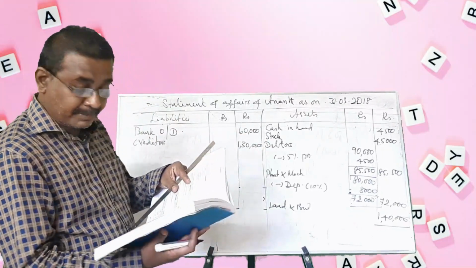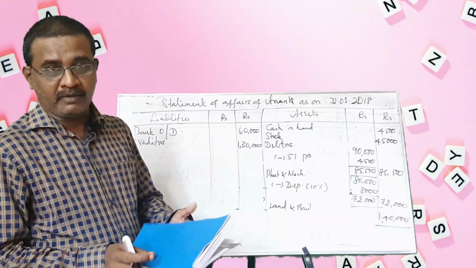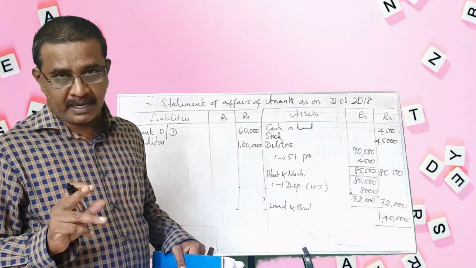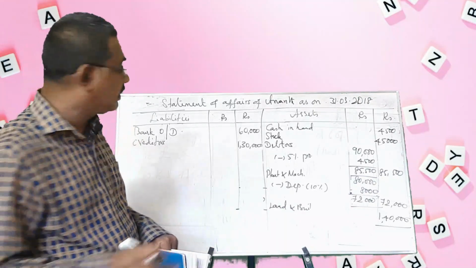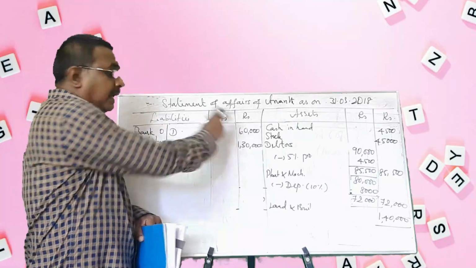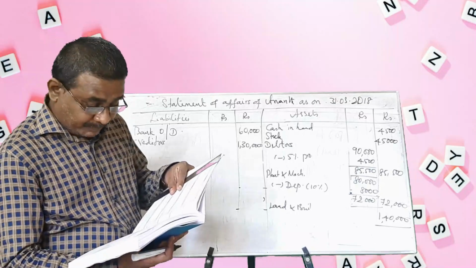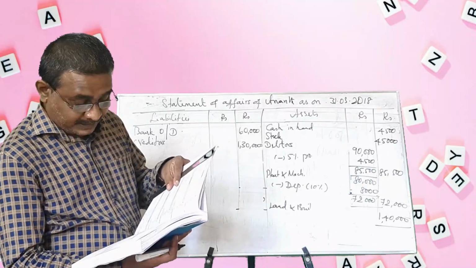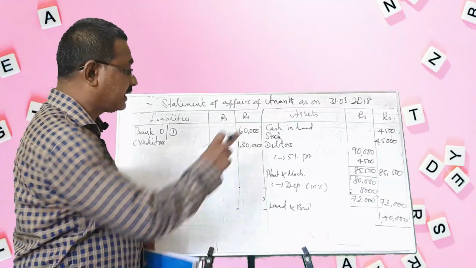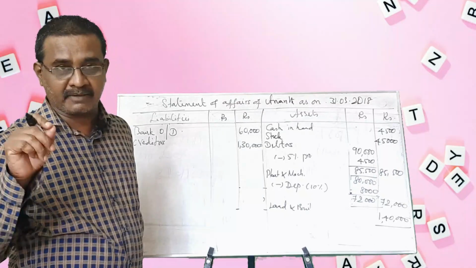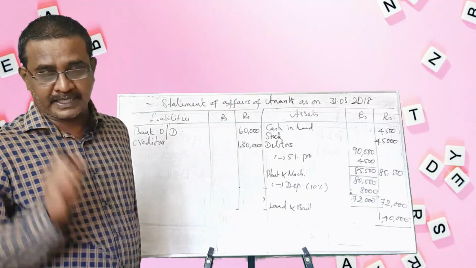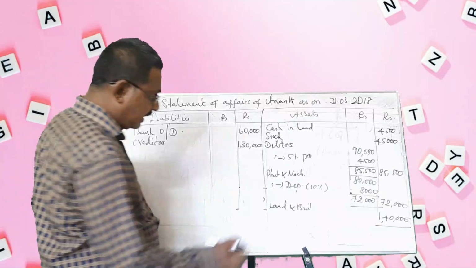First one is cash at bank, credit balance. I told you, when the bank is given as a credit balance, it means bank overdraft, so I have shown it on the liabilities side. Then cash in hand, assets; stock of goods, assets. Sundry debtors 90,000 is given, but in the adjustment they have given provide 5% for doubtful debts.